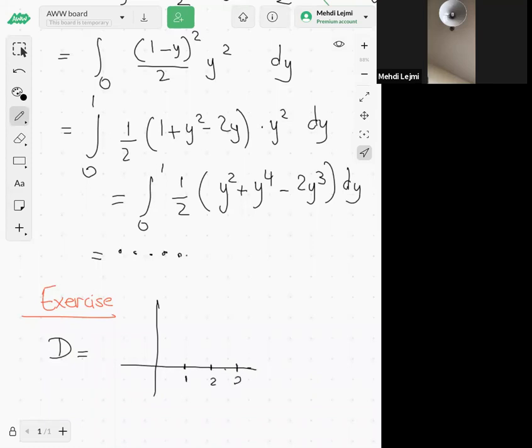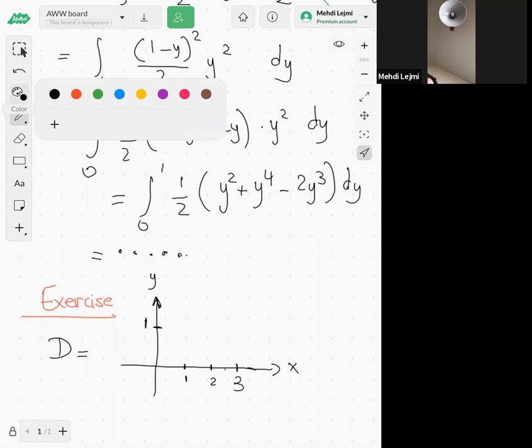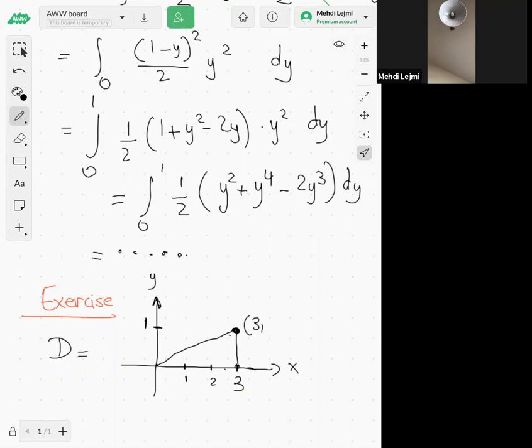Let's say this is 1 here. This is the y-axis, of course, and this is the x-axis. And let's say we have this triangle. This is the point 3, 1, of course, and this is 0, 0.